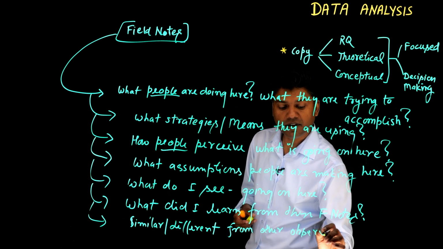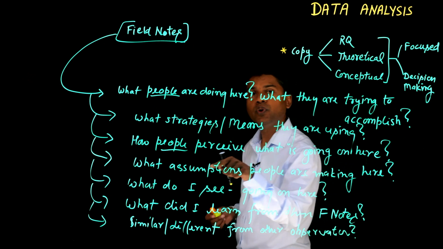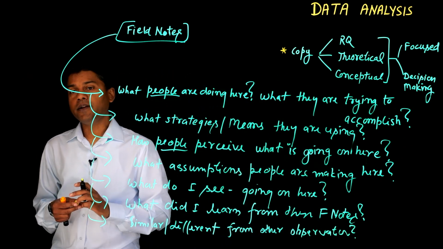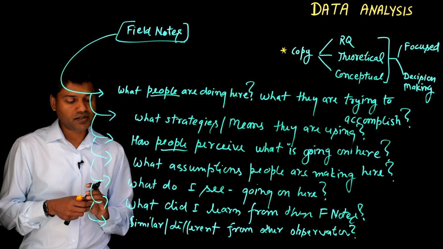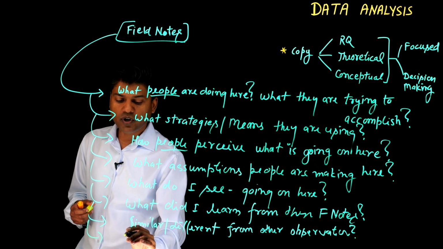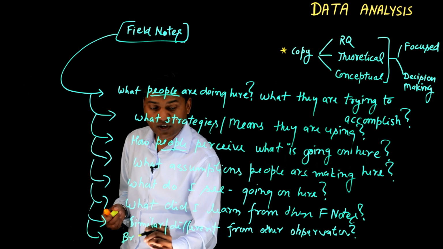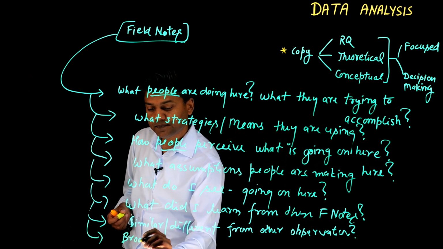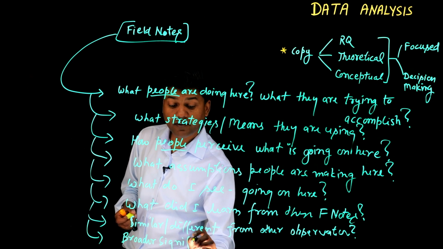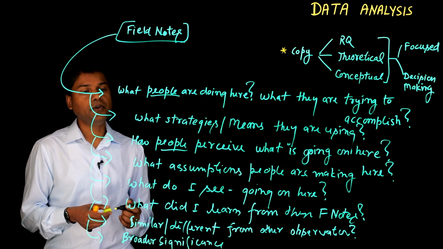As part of my research, I'm doing all these different observations. So how is what I'm observing here similar or different from my other observations related to this phenomenon? And finally, ask yourself, what is the broader significance of what is happening here?